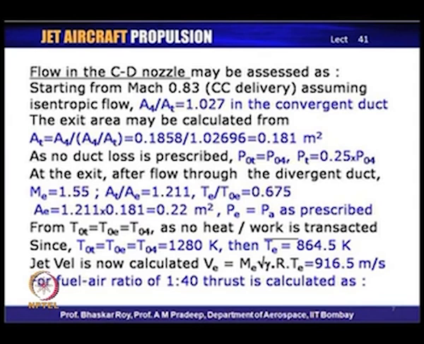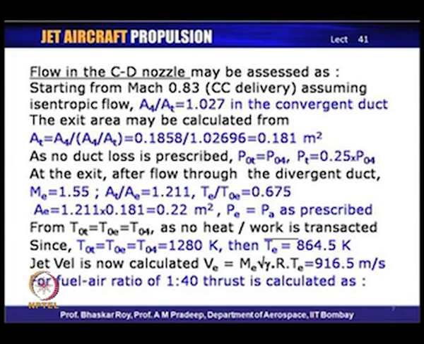Again it is prescribed that no duct losses are present, and hence the area ratio would be 1.027 across the pipe, and then the exit area can be calculated from AE, using the areas that we have already found, the area ratio across the duct and the area available before, and that comes out to be 0.181 meter square. That is the exit area of the nozzle or of the whole engine.